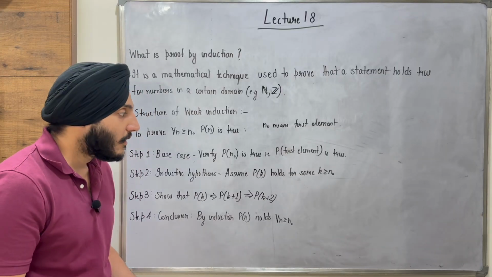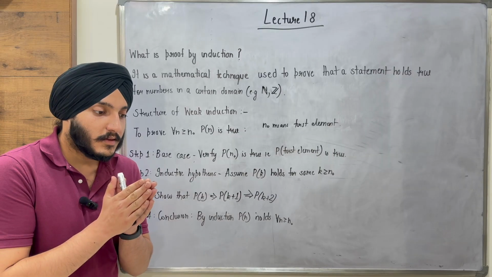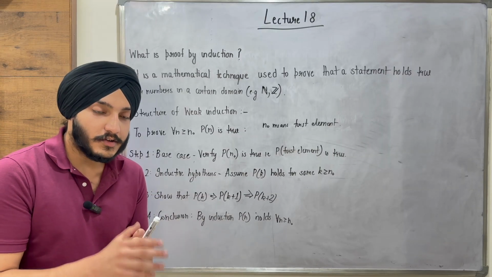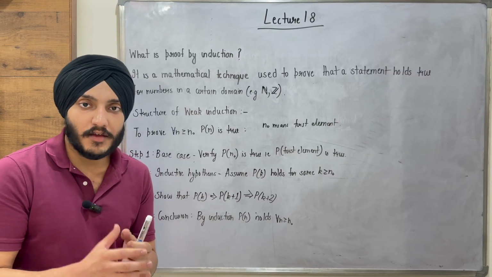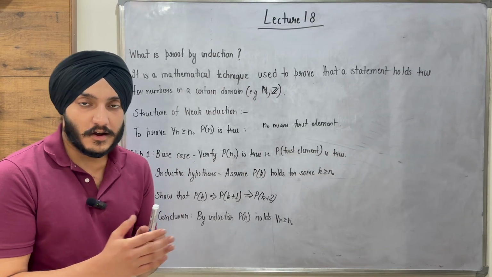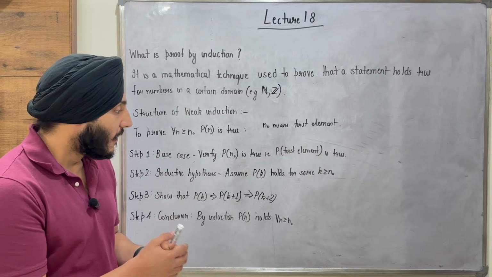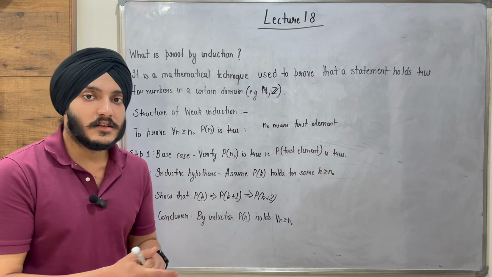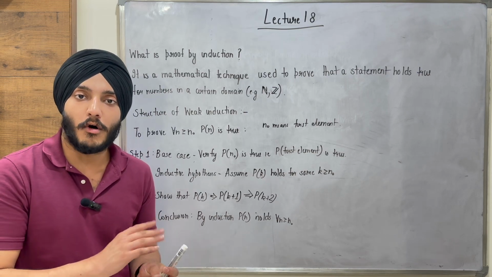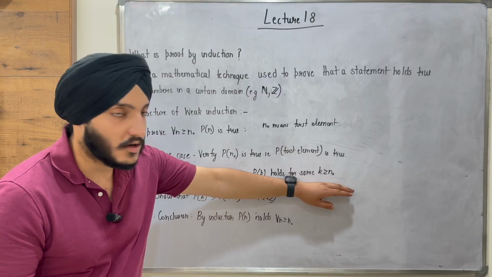Let's try to understand this once again. First, I prove the statement for the very first element in my set. If it's positive integers, then it is going to be 1. If it's natural numbers, then it is going to be 0. The next thing is I assume that the statement holds for Pk, for all the numbers where k is greater than or equal to n0, which is the smallest element.